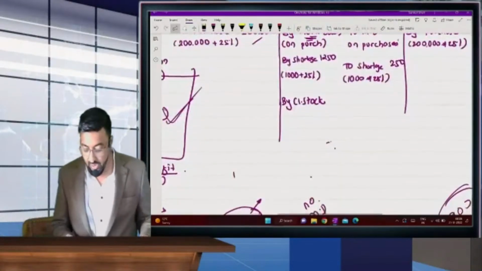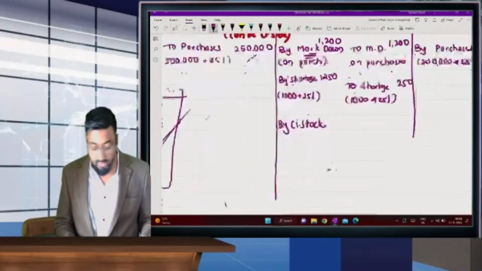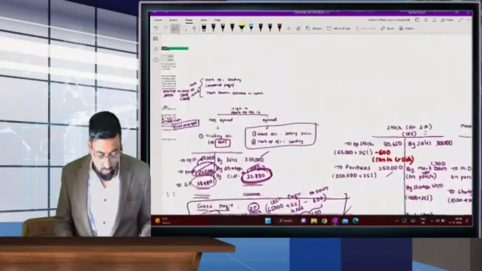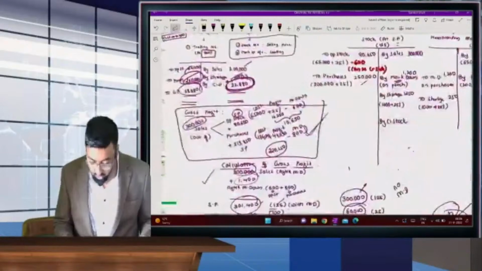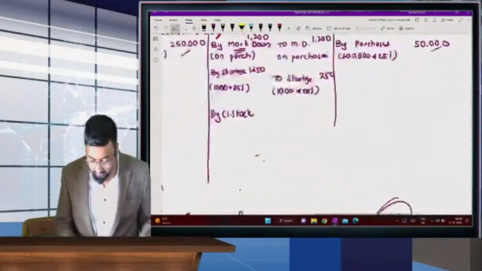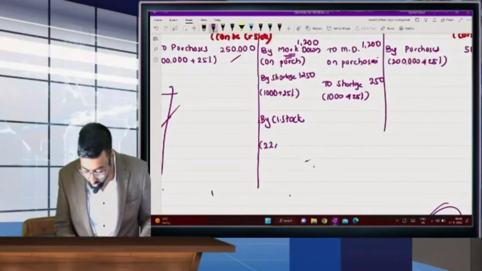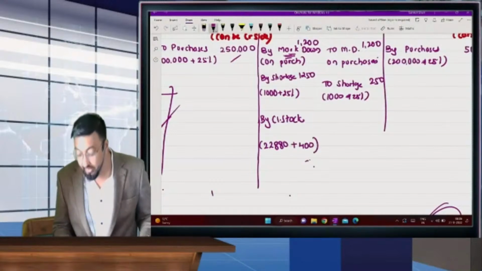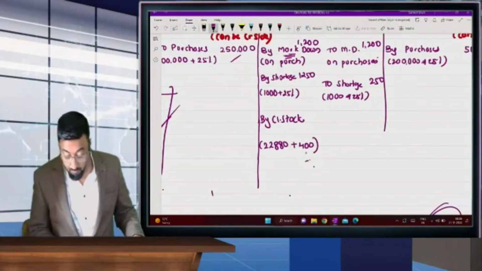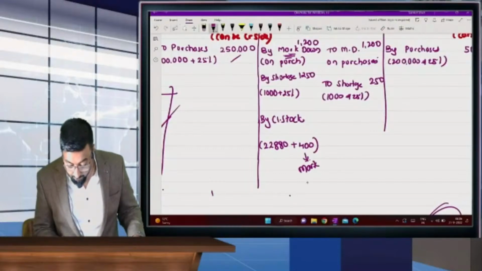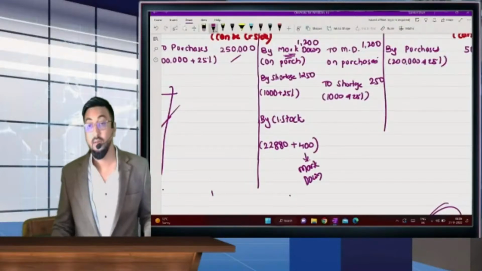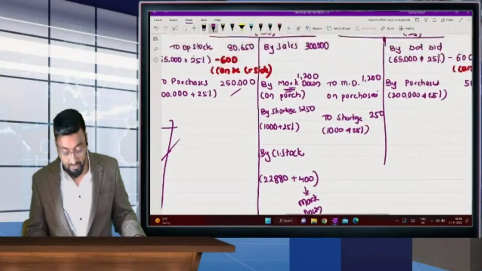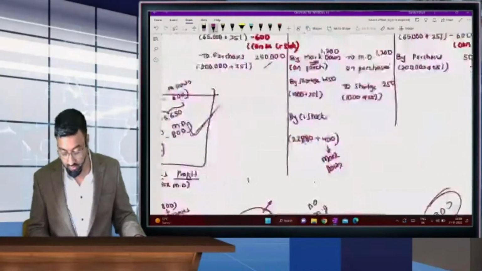Now how to calculate closing stock, calculation is very simple. What is the closing stock? 22,880. 22,880 plus 400. Now this is very simple. Markdown of 400 in closing stock. First, I will add it like opening stock.